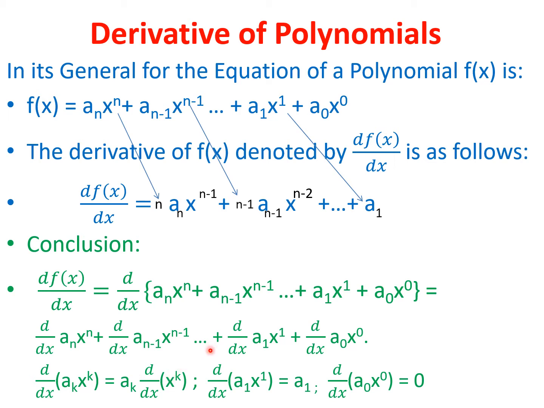The third thing that we learned from this is d by dx of a1 x to the power 1. When x is to the power 1, d by dx of a times x to the power 1 will give us a, and x to the power 1 will disappear because it will be x to the power 0 equal to 1. The last conclusion is d by dx of a constant is equal to 0.